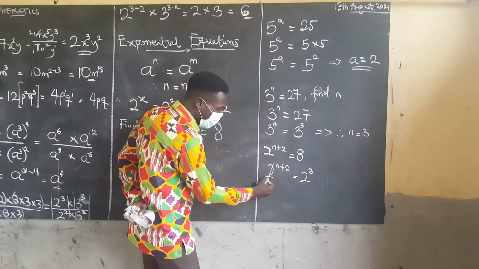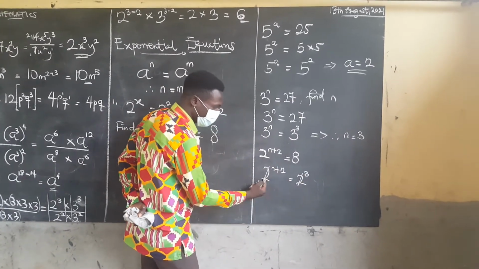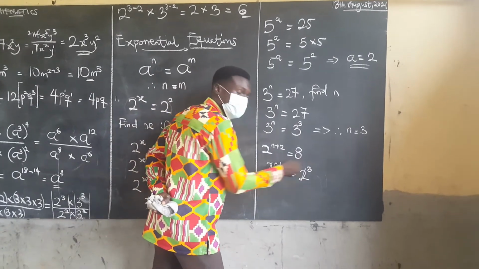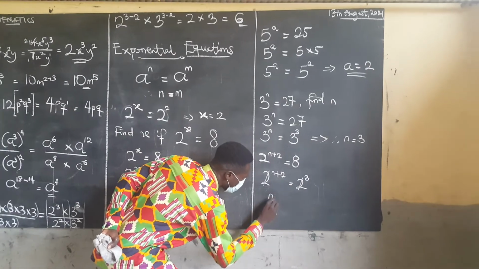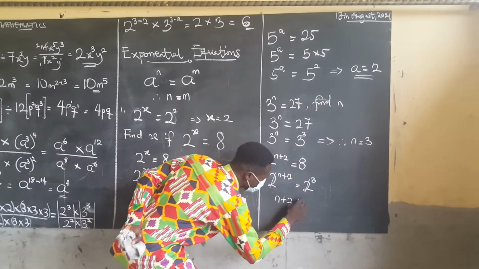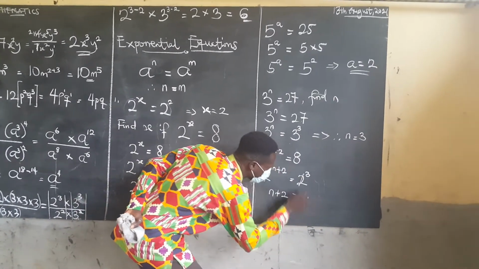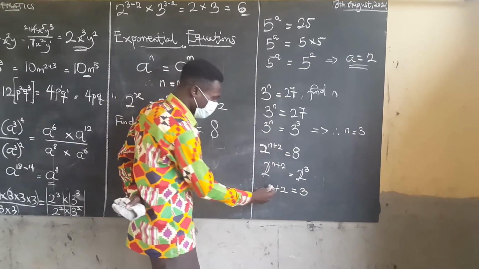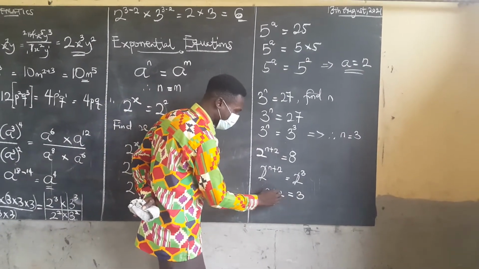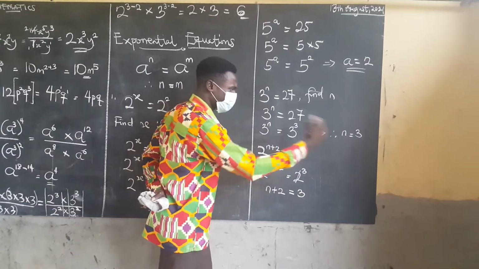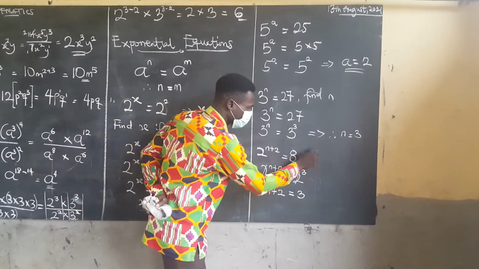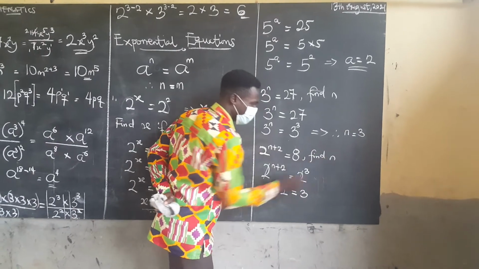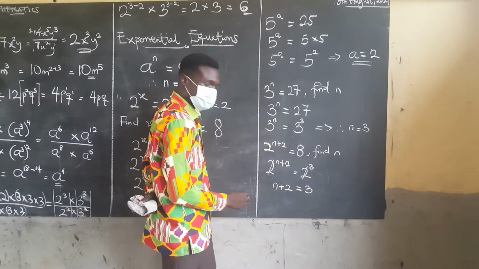Because the bases are the same, 2, 2, we equate the exponent. So this will give me n plus 2 is equal to 3. So n plus 2, I want n, not n plus 2. Because they said I should find n. So how can I find n?